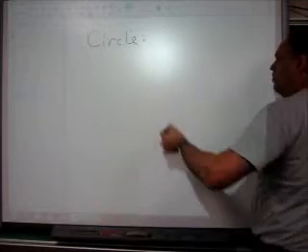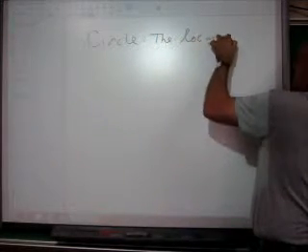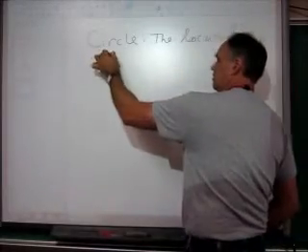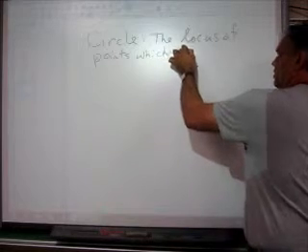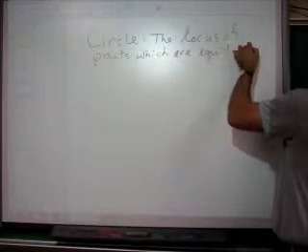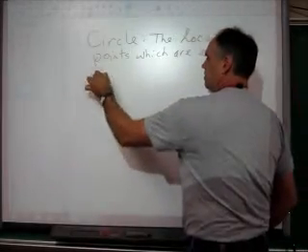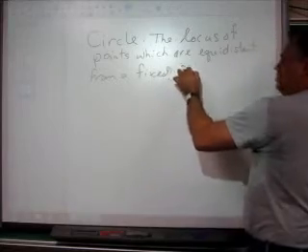Okay. Well, one way we can describe this is the locus of points which are equidistant from a fixed point.